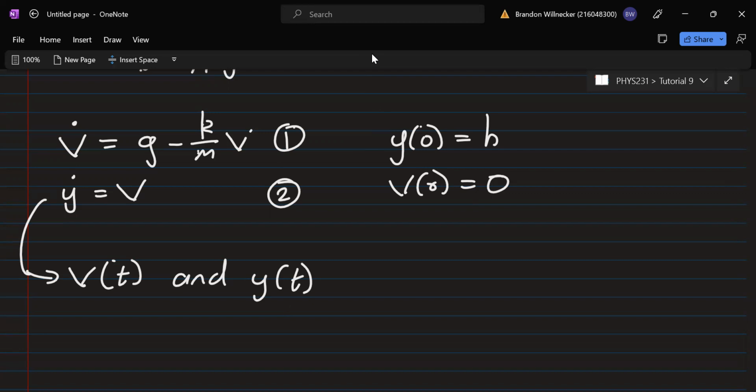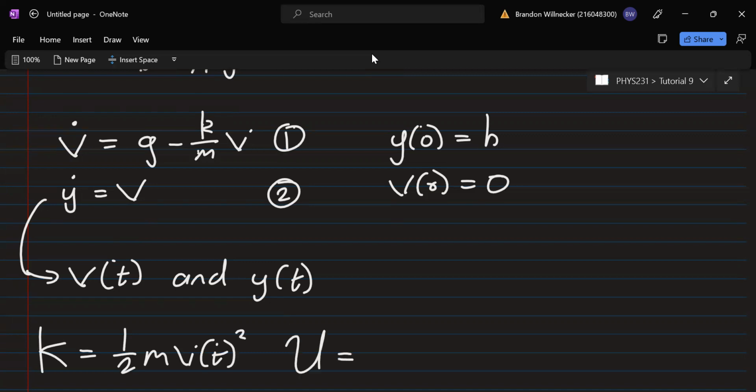Given those two lists, we can then find the kinetic energy over time as well as the potential energy over time. The kinetic energy K is half m v of t squared, and the potential energy U is mg y of t.